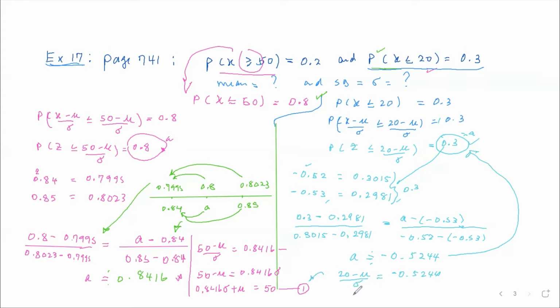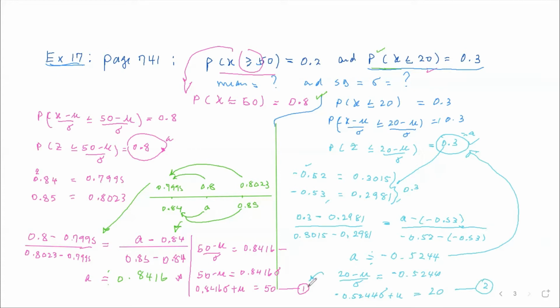So you're going to have negative 0.5244 times SD, and then plus mu, just say cross multiplication and move mu, equal to 20. So let this one become equation 2.